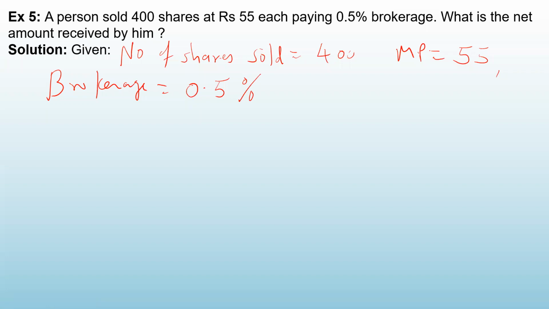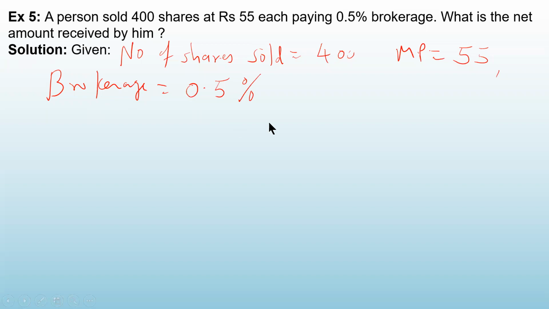Just like rate of dividend is calculated on the face value. Okay, rate of dividend is 8%. Meaning what? If the face value is 100, dividend is 8 rupees. Similarly, brokerage is calculated on the market price.